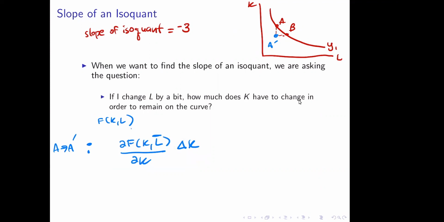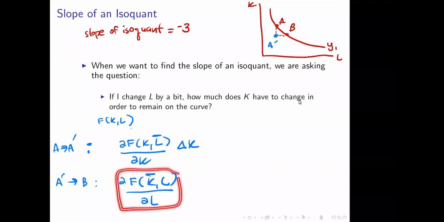Okay, and then we have A prime to B. From A prime to B, we instead hold capital K constant and allow L to increase. Same level of K, but more L. Again, this is going to be MPL.